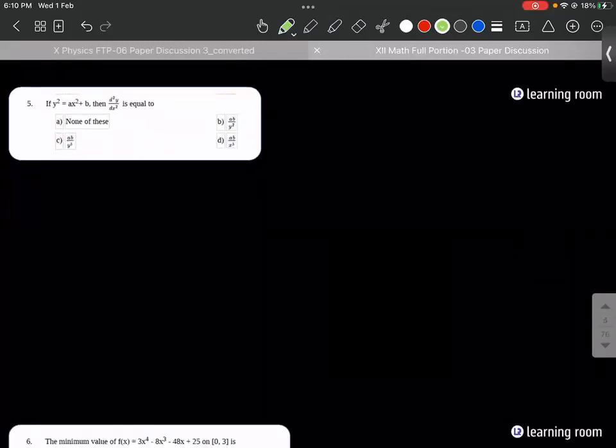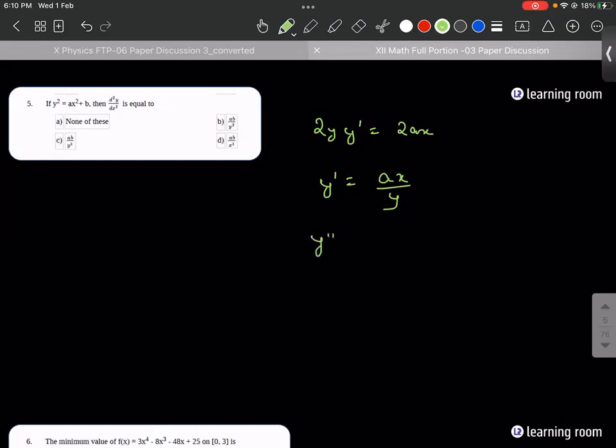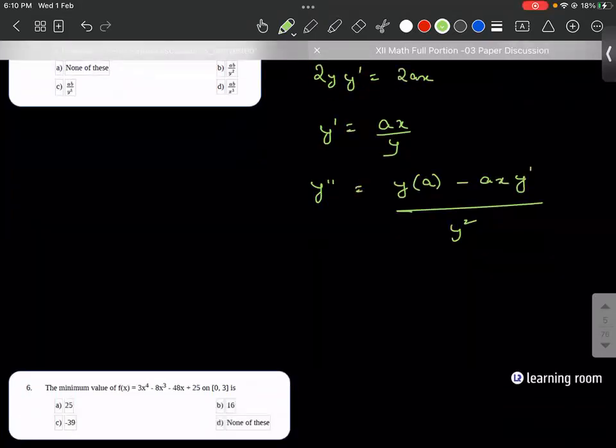If y square is equal to ax square plus b, then d square y by dx square is equal to what? So y square means 2y into y dash is equal to 2ax. So y dash is equal to ax by y. So what is y double dash? It is y into a minus ax into y dash, divided by y square.